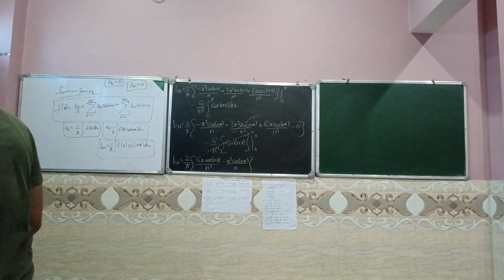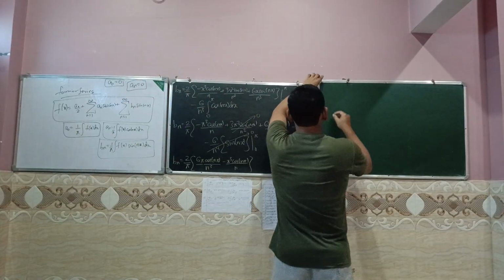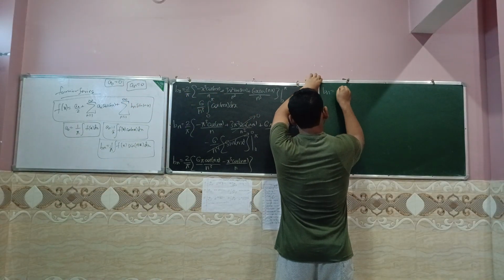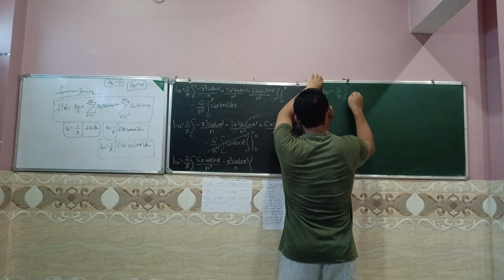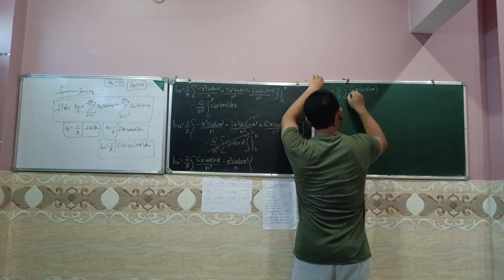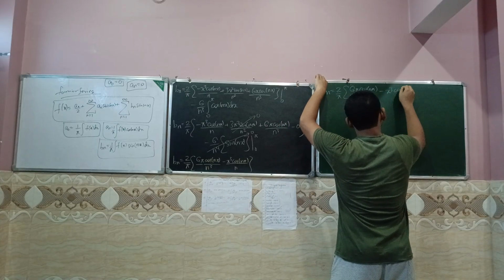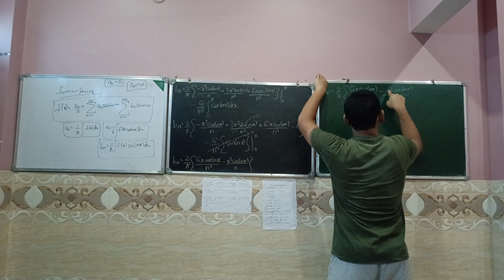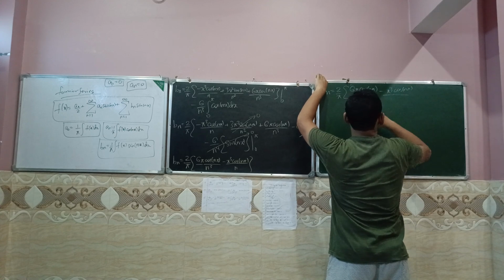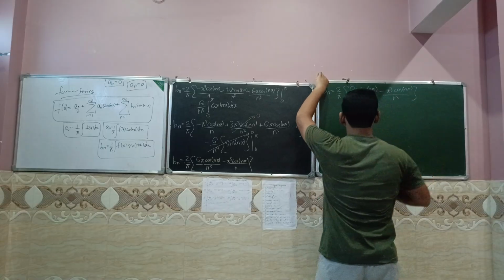So what we have is bn as 2 over pi times 6 pi cos n pi over n cubed minus, well, it's not x, pi cubed cos n pi over n.